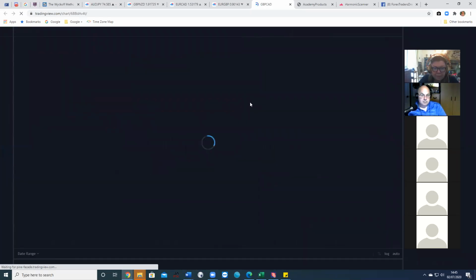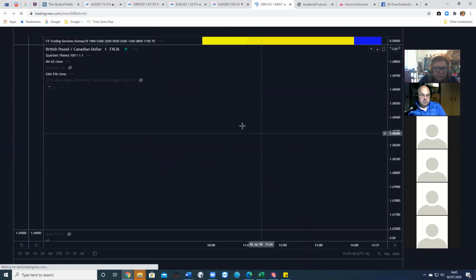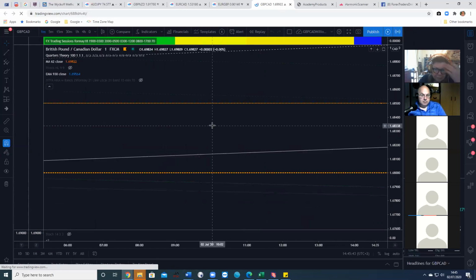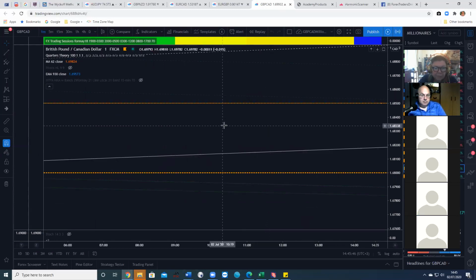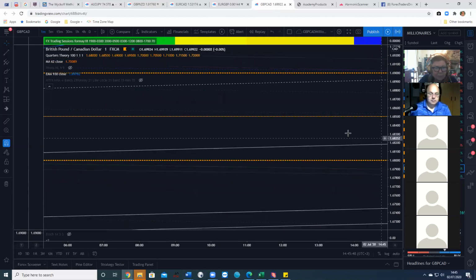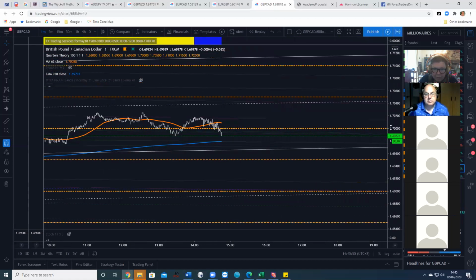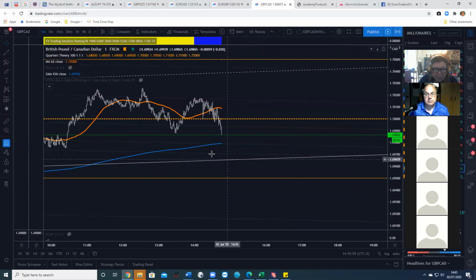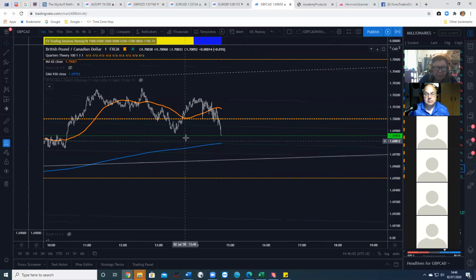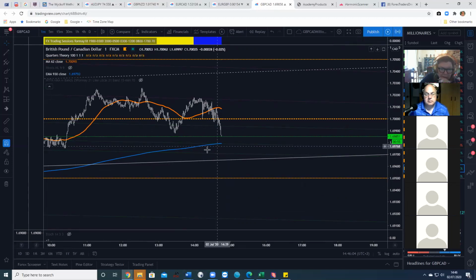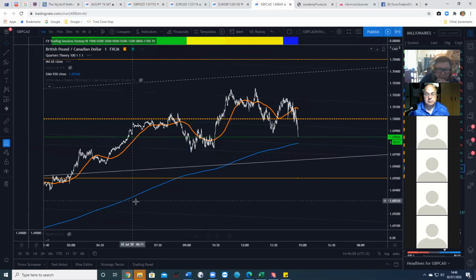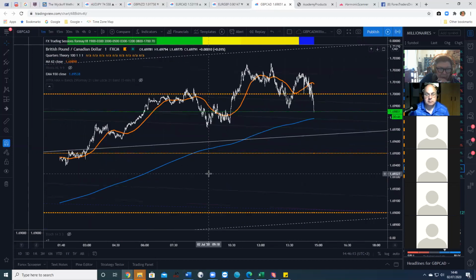GCAD. Okay, so we've got it coming down to test the 15-minute. It's still in an upward trend. It's a fast pair, remember.